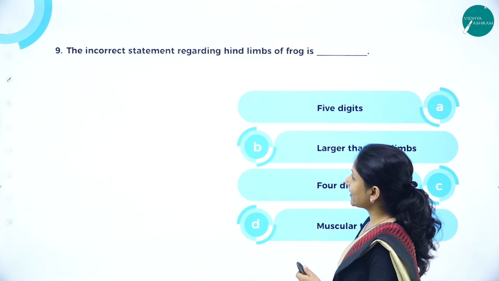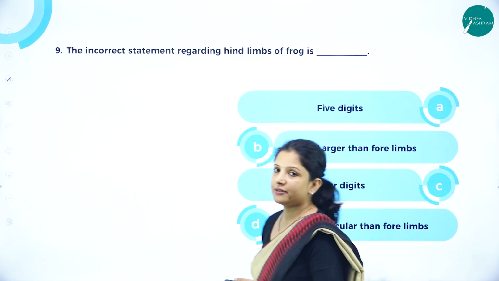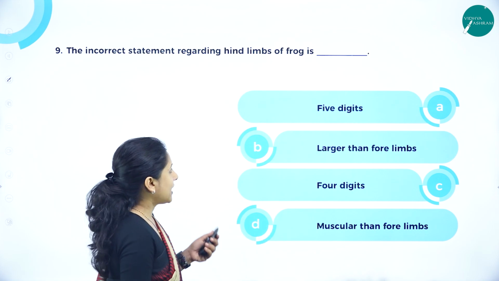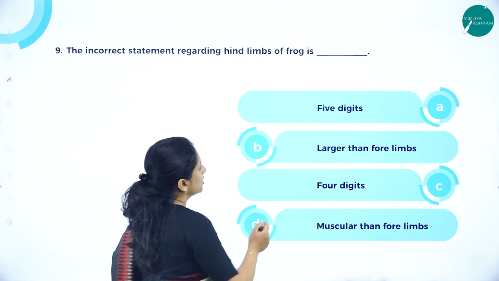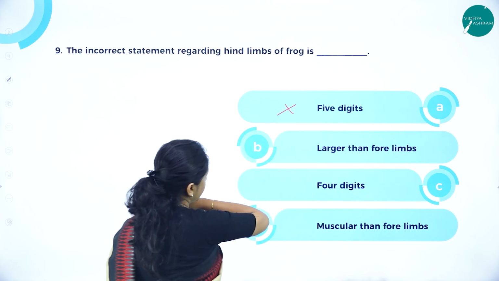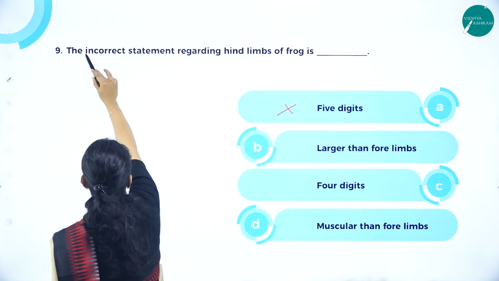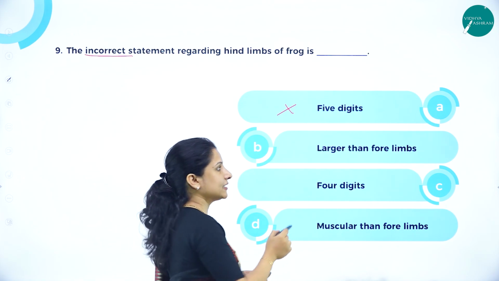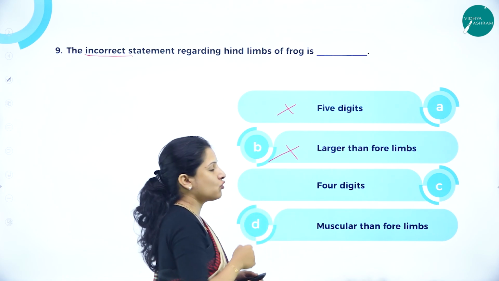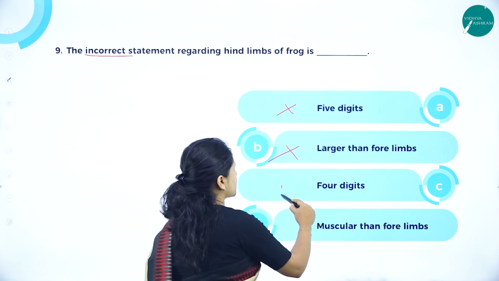Next, the incorrect statement regarding hind limbs of frog. 5 digits: yes, frogs have a 5-digit hind limb. So you can't select this option, because what was the question I asked? Incorrect statement, which is not correct. Larger than forelimbs: yes, hind limbs are larger than forelimbs. 4 digits: this option is right.